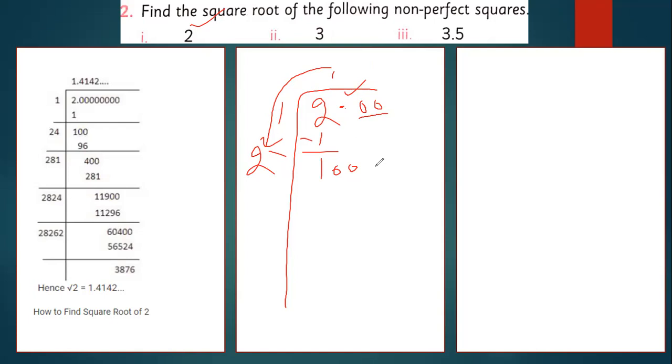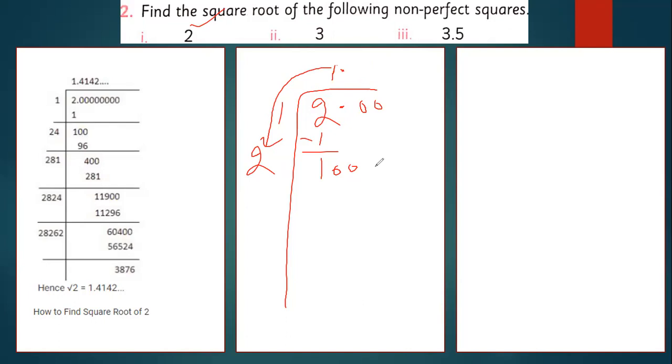Yes. Now we are doing square root. So by putting a point here, you must put that point there as well.